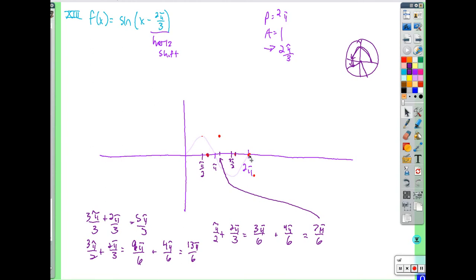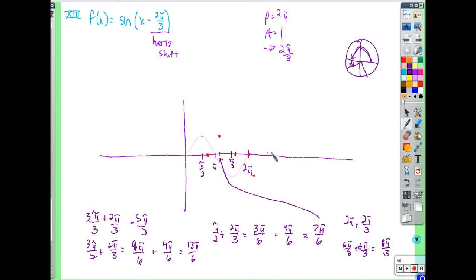And this guy is going to move over 2 pi over 3 from here. So let's see, that's 2 pi plus 2 pi over 3. That's going to be 6 pi over 3 plus 2 pi over 3 is going to be 8 pi over 3. Okay, so this would be 5, 6, 7, 8 pi over 3, just past 5 pi over 2.